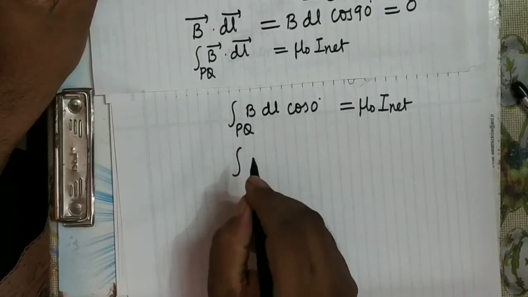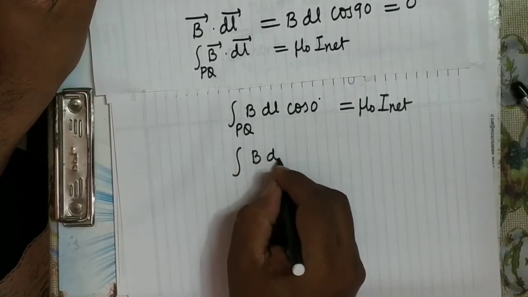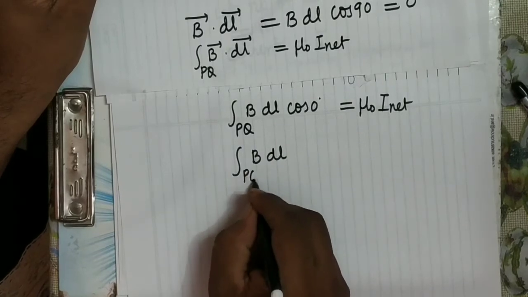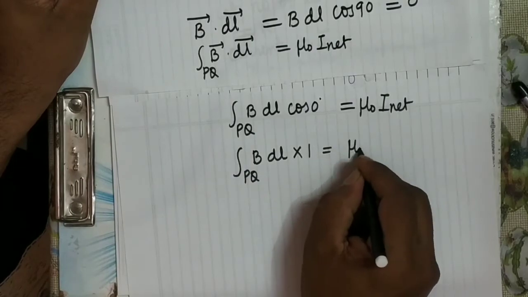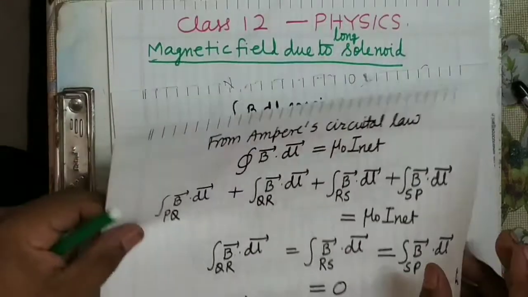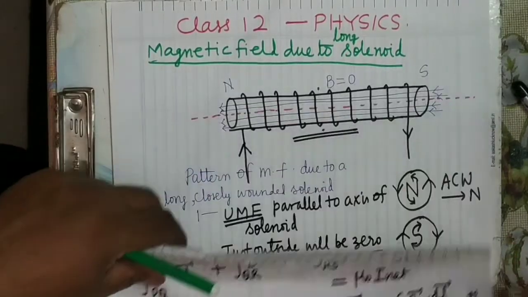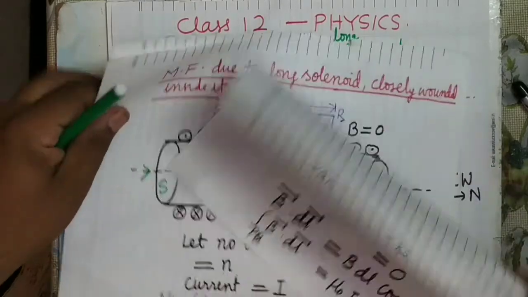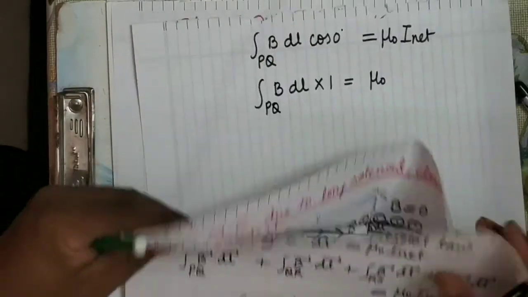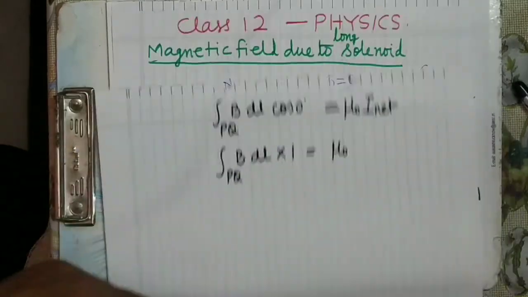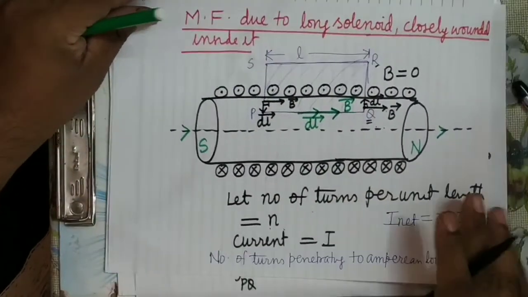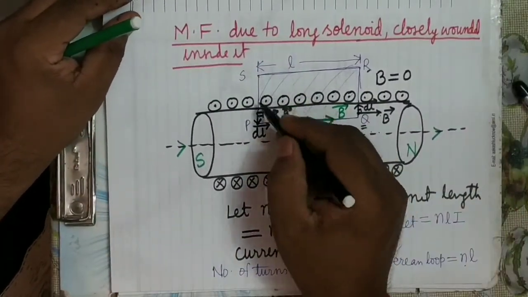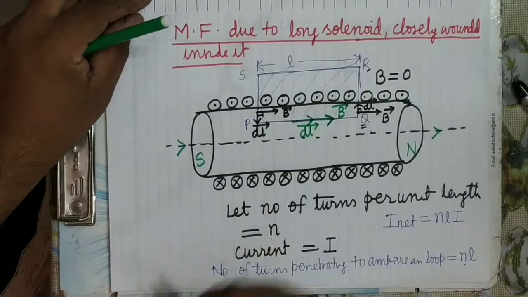So it is equal to B dl over PQ. Cos 0 is 1, equals mu naught I net. What is I net? Already I have evaluated it. I net is the net current threading the area enclosed by the Amperian loop.